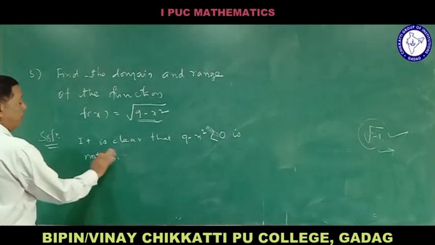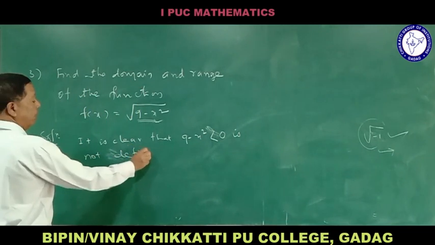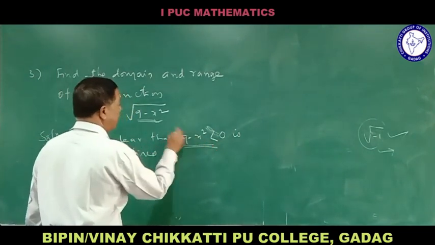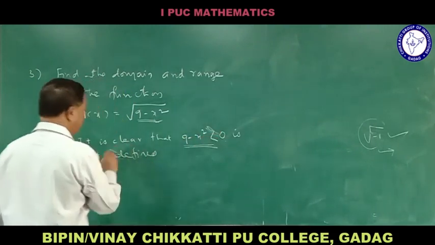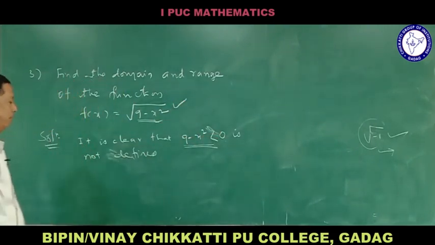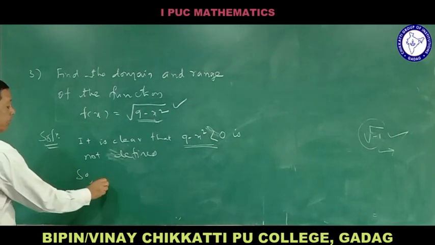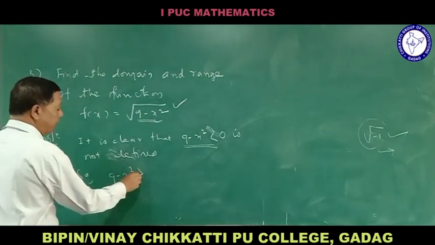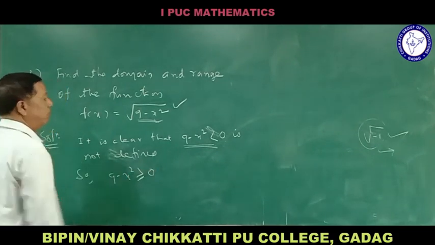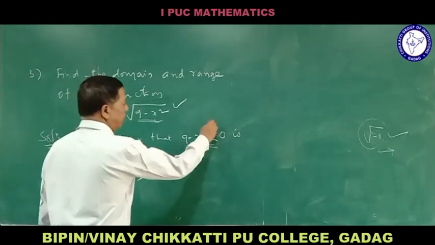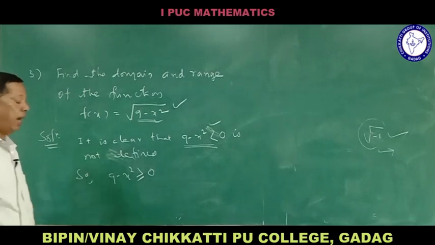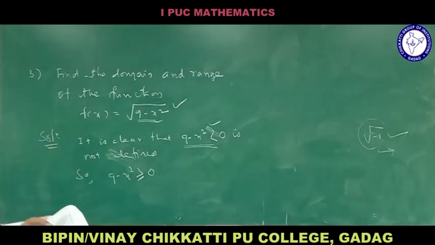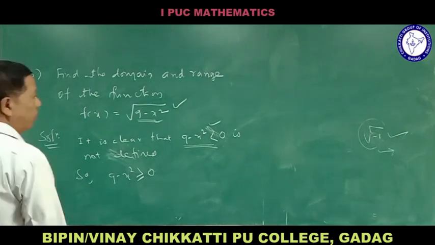Once again, it is clear that the square root of 9 minus x square, when less than 0, is not defined because it is complex. So 9 minus x square should be greater than or equal to 0.